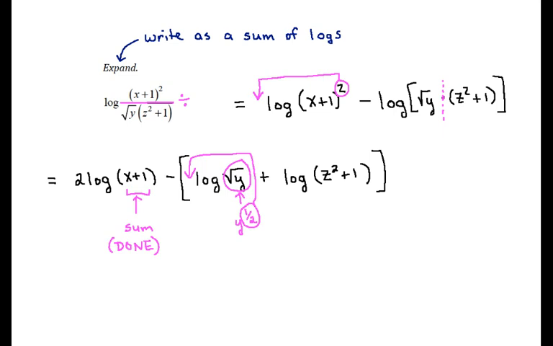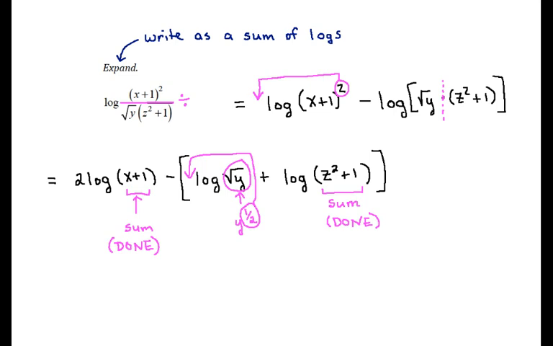Looking at this last term, we have a power and a sum, but the outermost operation is a sum. So I can't do anything with that power. Once I get to the log of a sum, I have to stop. So I can't bring that power 2 out because it doesn't apply to the whole expression. So this one I'm stuck with. I have to accept it as it is.